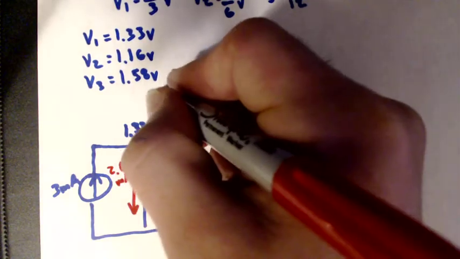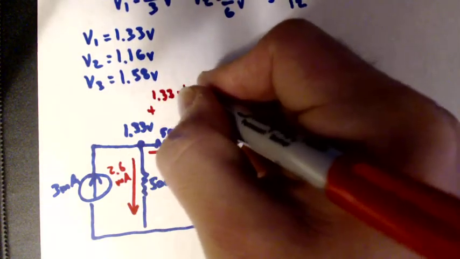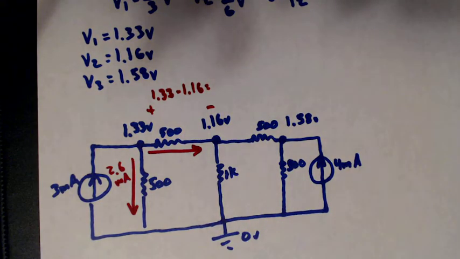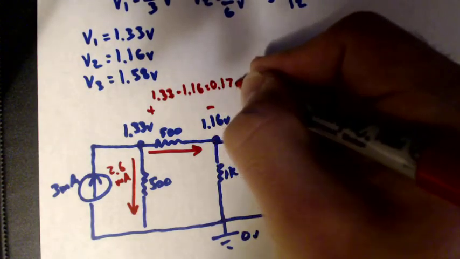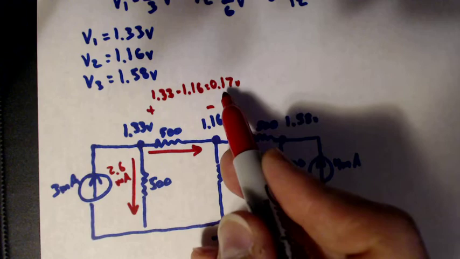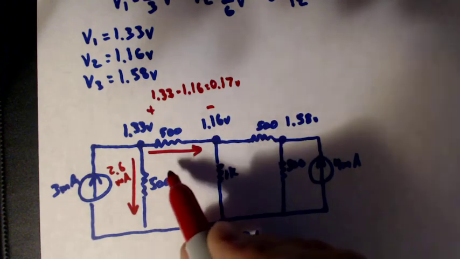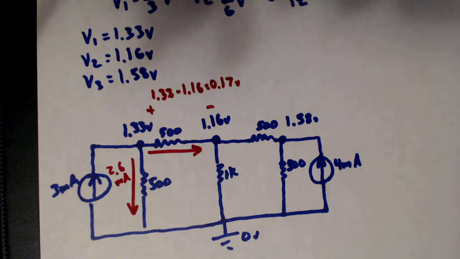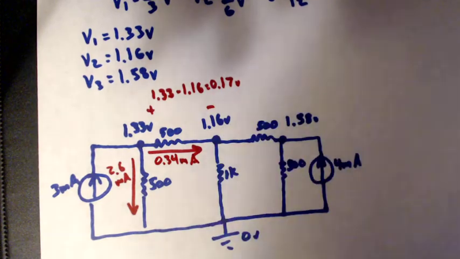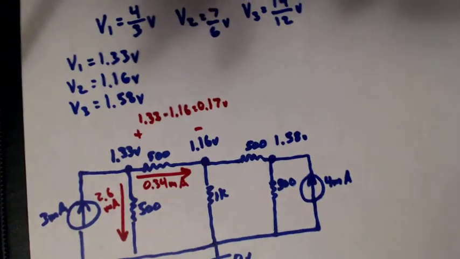So 1.33 minus 1.16 equals 0.17 volts. That's the voltage drop across the 500, right? So 0.17 volts divided by 500 gives us our current, .34 milliamps. Quite a small value there. Okay. Not much current going through that one.